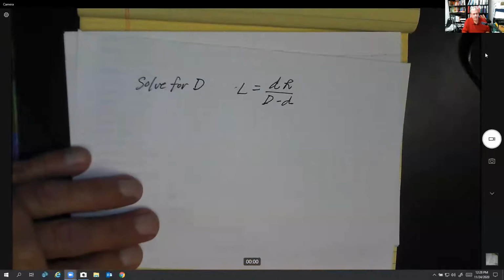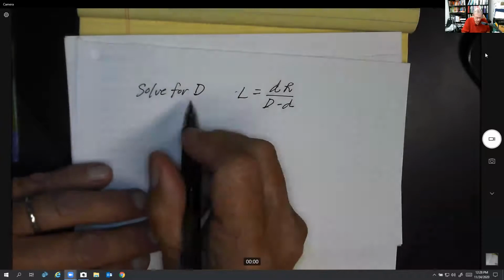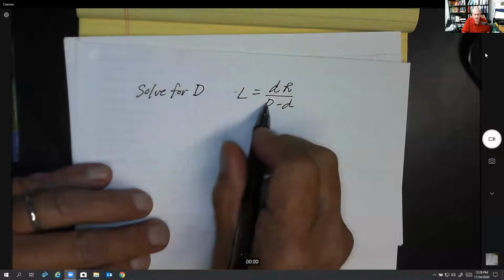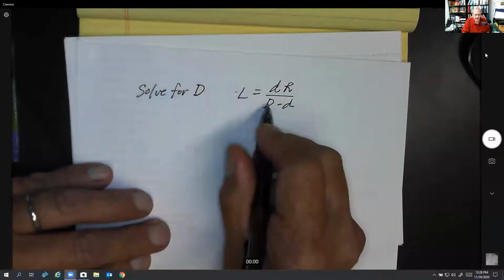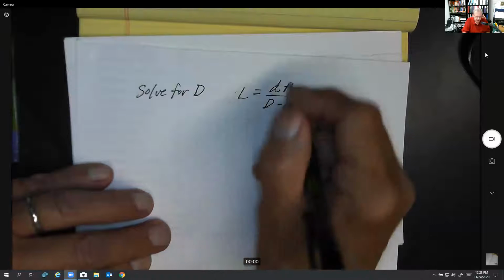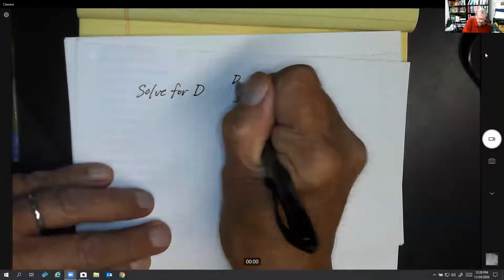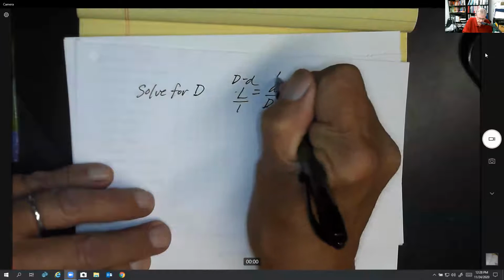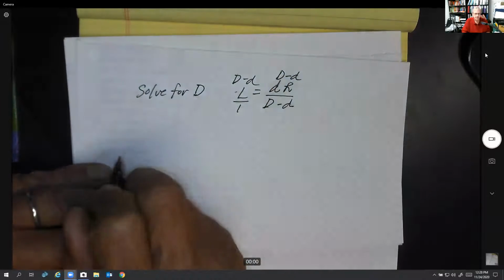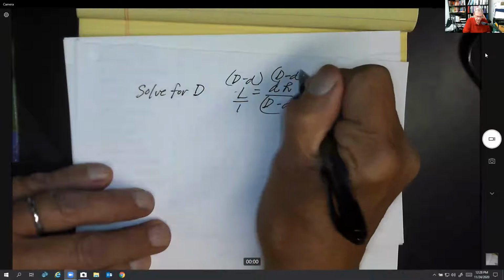Kind of weird. So we know what letter we're solving for. It's D, and it's in the denominator. We want to get rid of this D minus d fraction, so we put this over 1 and multiply both sides by D minus d. Maybe you can put it in parentheses if you want.